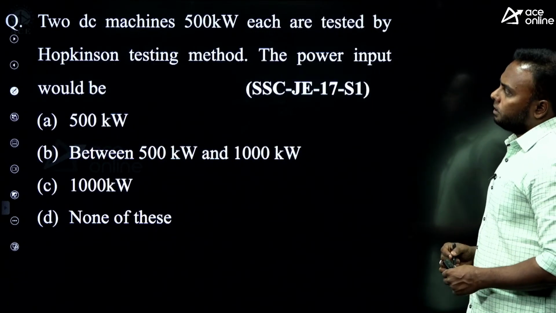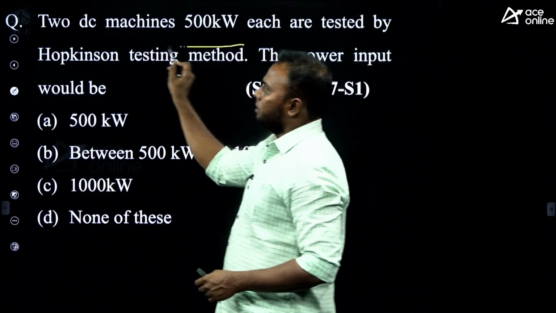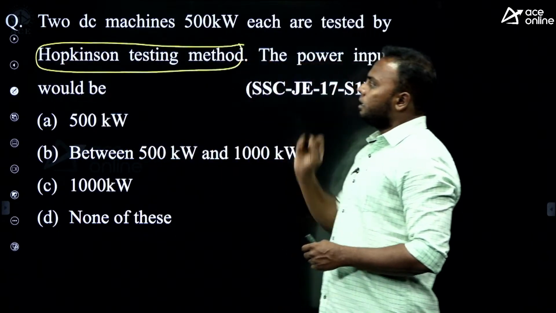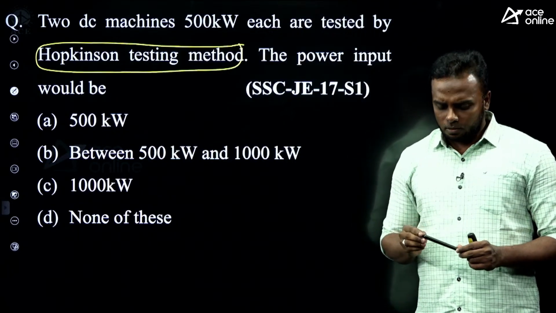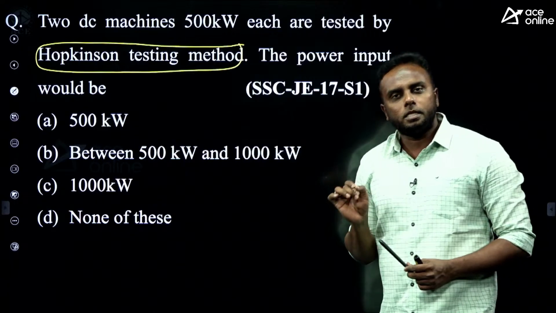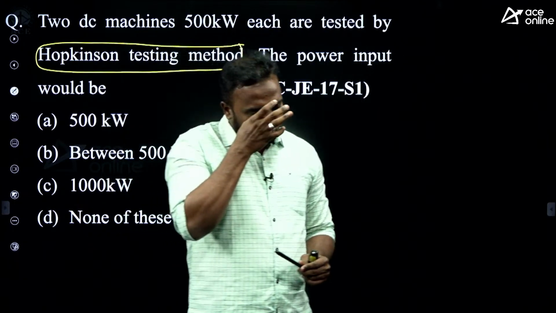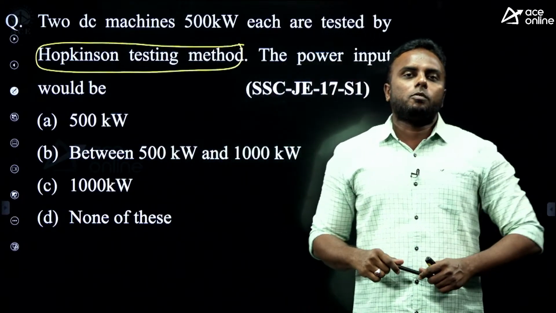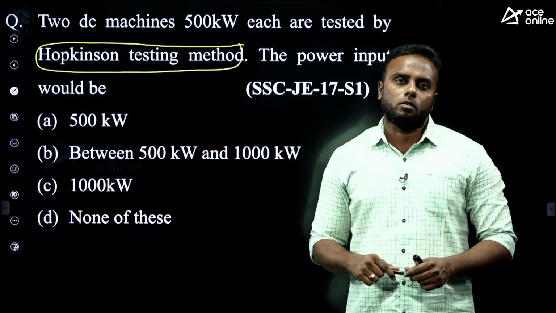Two DC machines, 500 kilowatt each, are tested by the Hopkinson method. The power input would be dash. So in the Hopkinson test, how many machines are required? 2 identical machines are required. Now, what is the other name of the Hopkinson test? Yes, regenerative test we call it.